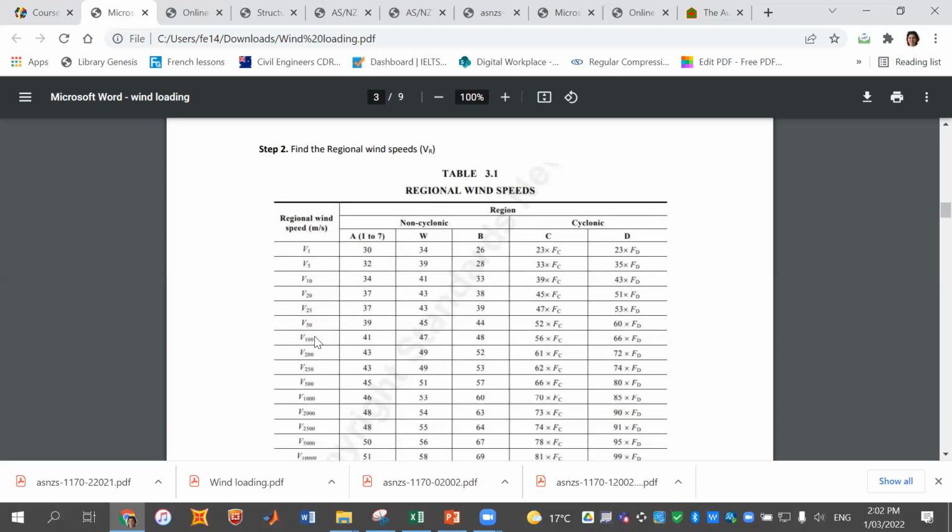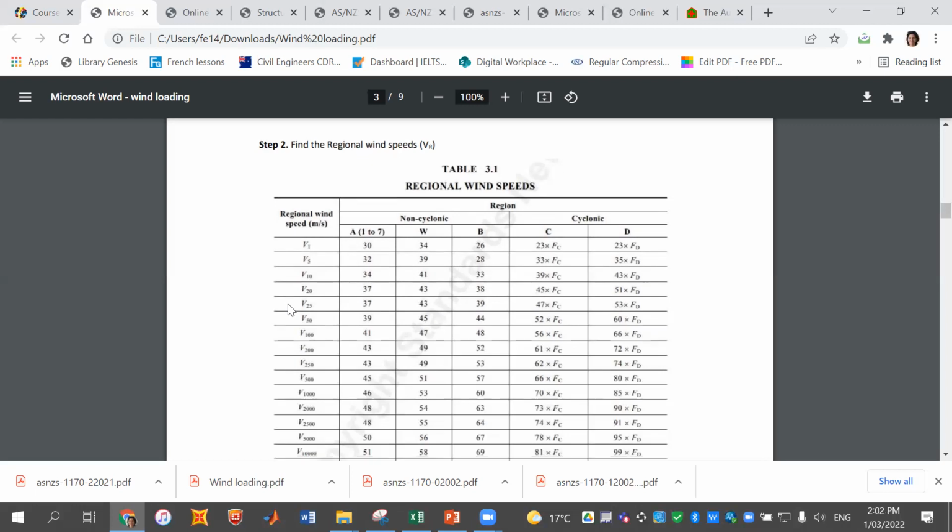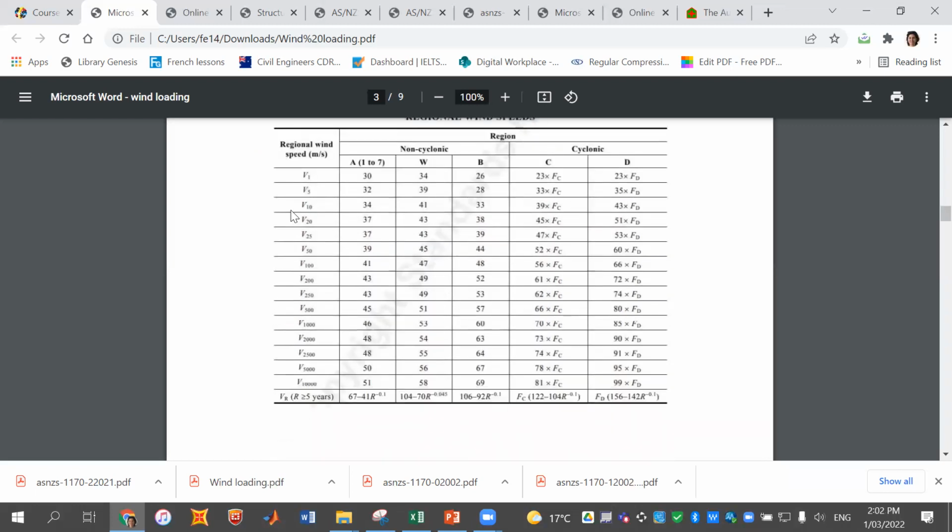Are you designing it for a wind load which happens every 100 years, or for a wind that happens every 20 years? Based on some assumptions and some research, you can choose which velocity for the regional speed you want to choose.